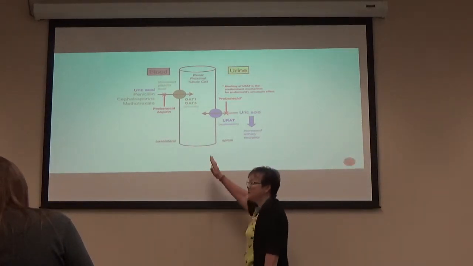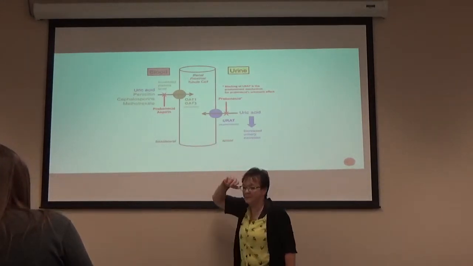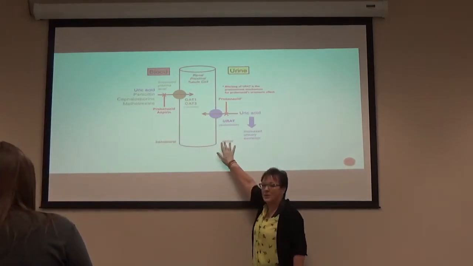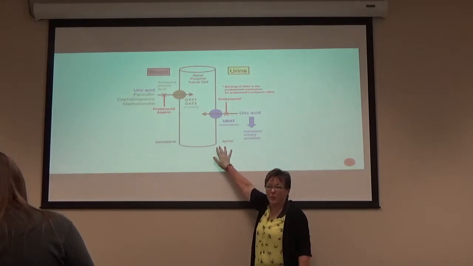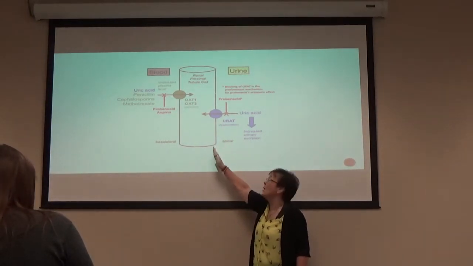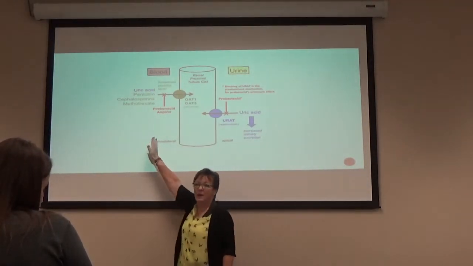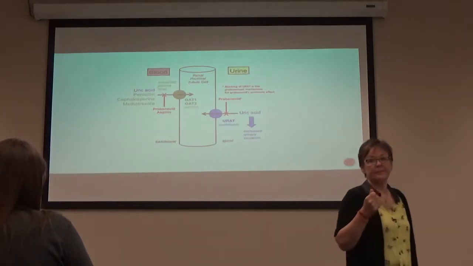At high doses, higher than mostly we tend to see people take nowadays because we've got other non-steroidals, high dose aspirin blocks this side. So if you're in the 2 to 3 or 4 grams of aspirin a day, it's working over here. It will actually help you get rid of uric acid. Low dose blocks this side and will increase uric acid levels.